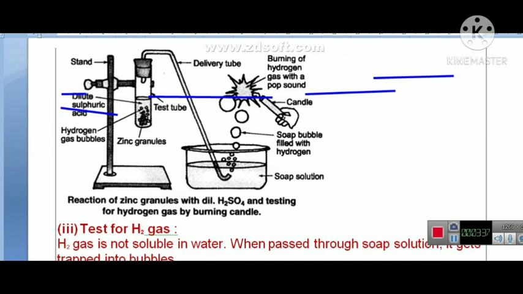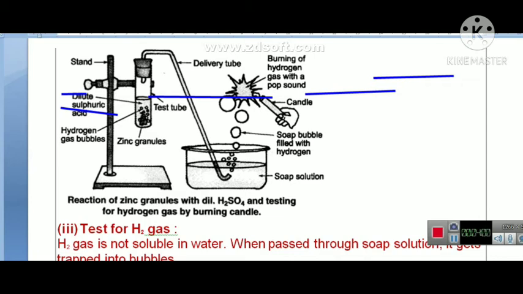When it is passed through the soap solution, the bubbles of the soap trap the gas. Hydrogen gas is produced because hydrogen is not soluble in water, and when we bring a burning candle near this bubble, it will produce a pop sound.